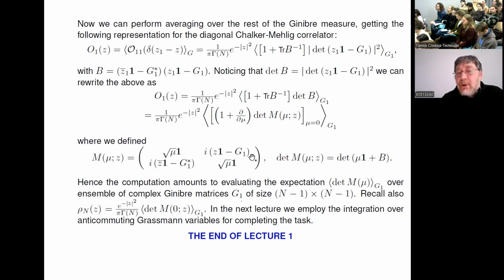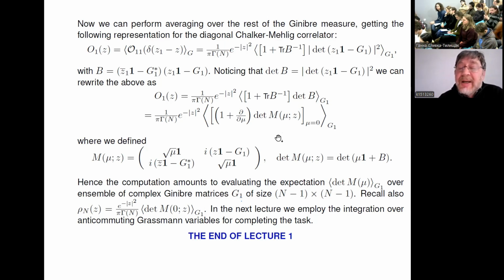and then using Gaussianity of G we can perform in a very simple, straightforward way the ensemble average over the ensemble of G1, and in this way the problem will amount to performing analysis of some integral, which we will see how to do explicitly for any n, and eventually how to perform its limit to evaluate its asymptotics when the size of the matrix is big.